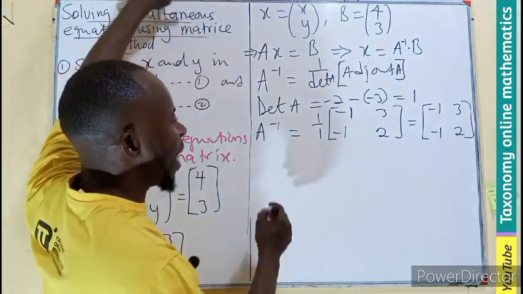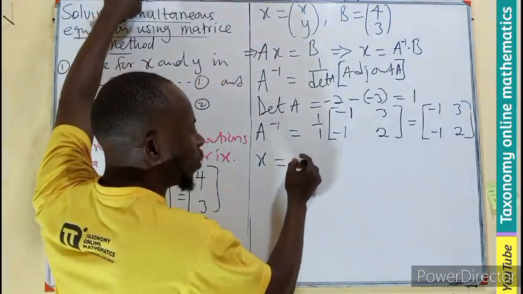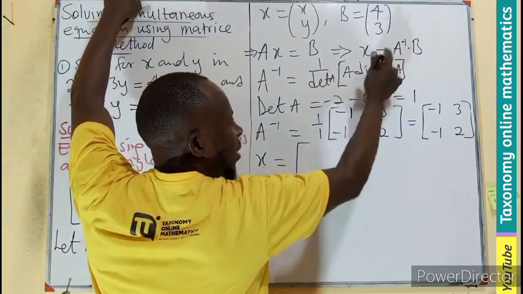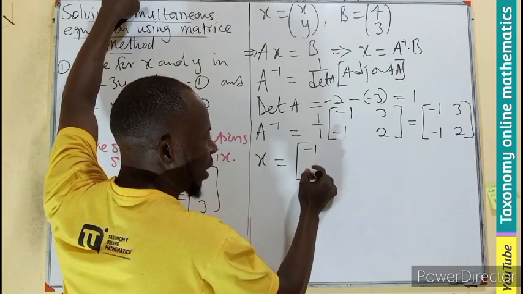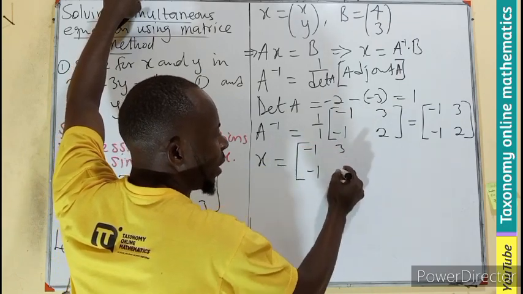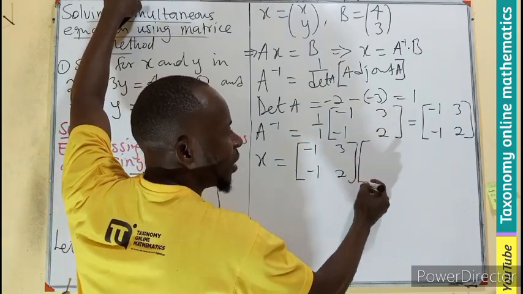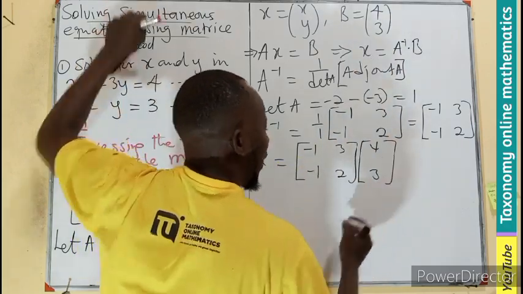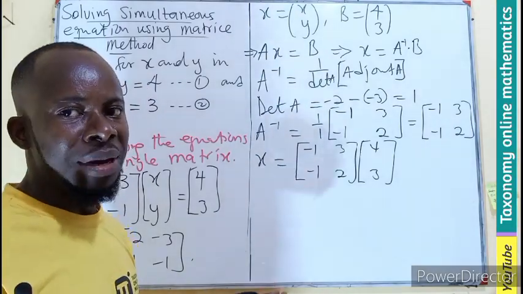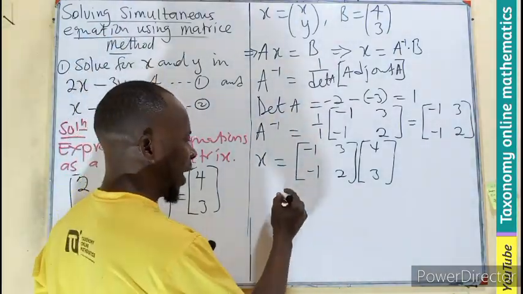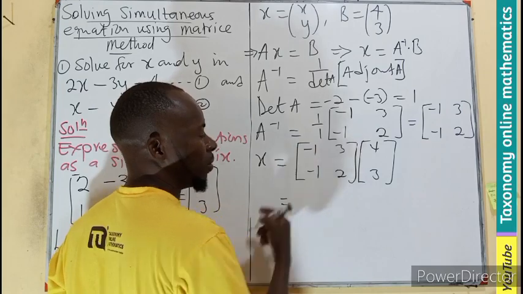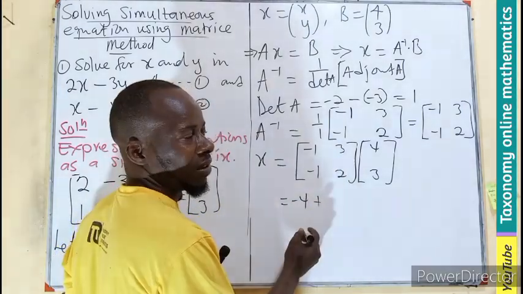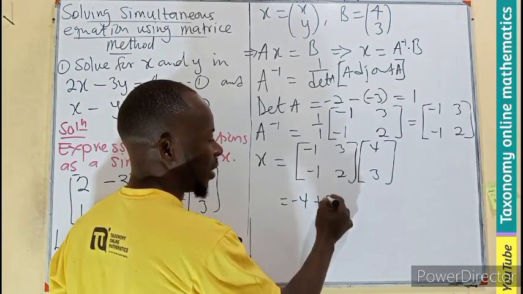Then the value of x will now be equal to the multiplication of the inverse, minus 1, 3, 2, times b. And the b is 4 and 3. How do we multiply matrices? We multiply by saying 4 times negative 1, negative 4, plus 3 times 3, 9.